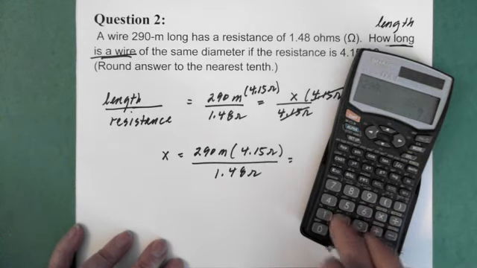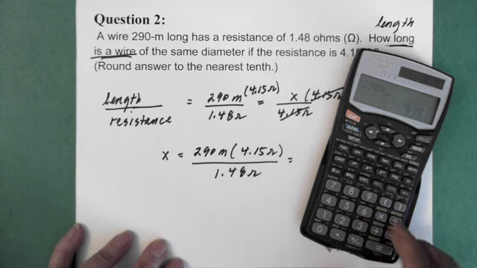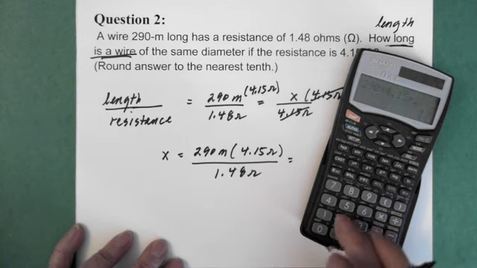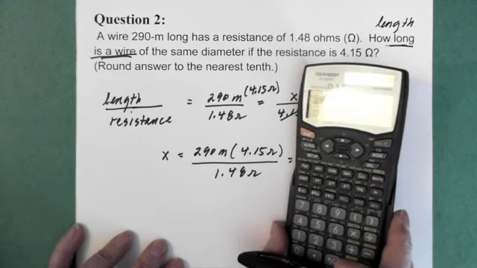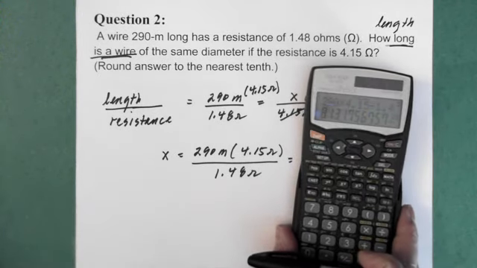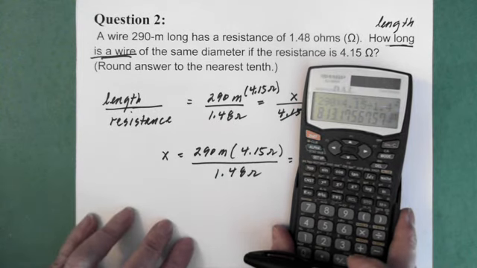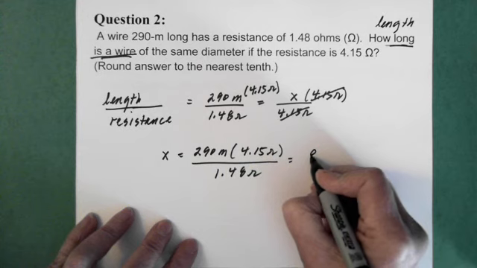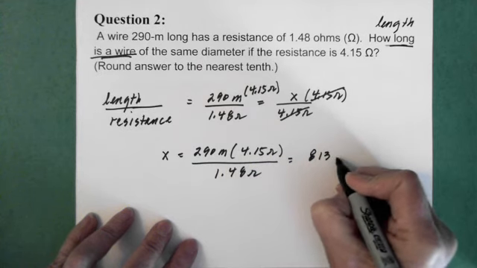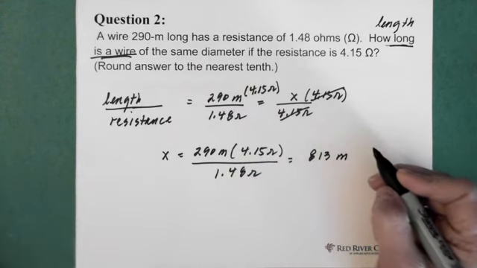Go to our calculator. 290 times 4.15 divided by 1.48 equals 813.1, which is 813 meters.